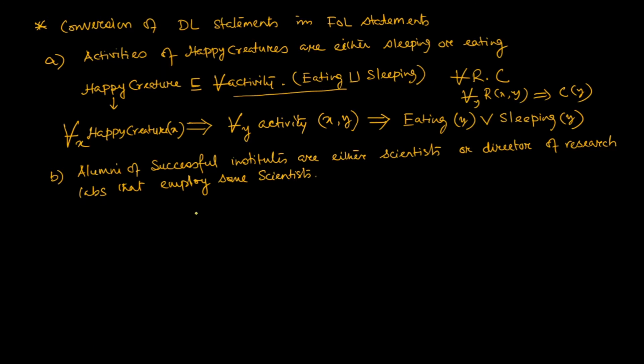right? So you are making a statement about a successful institute, right? They are saying that a successful institute is something that has alumni. So for all the alumni, they are either scientists, right?